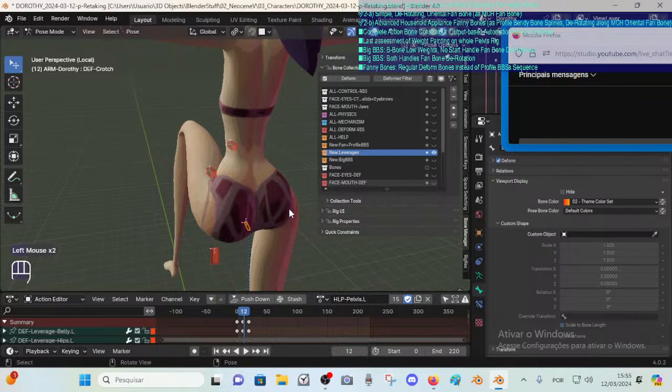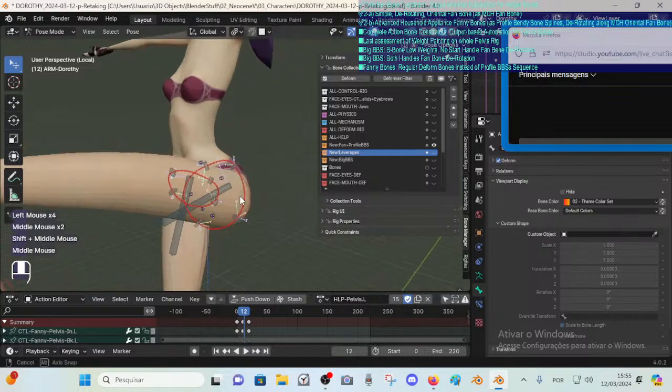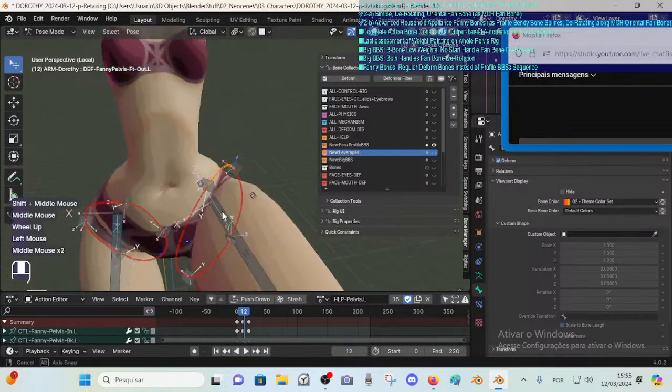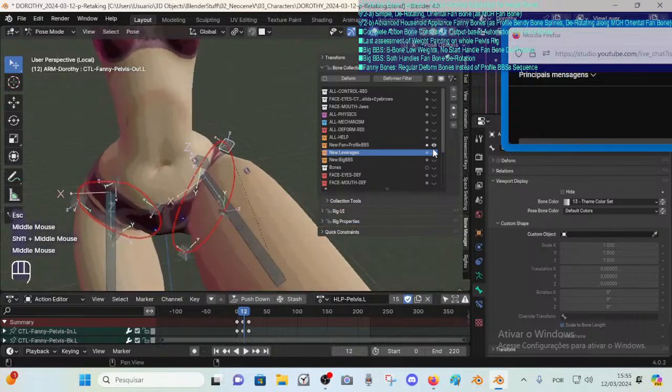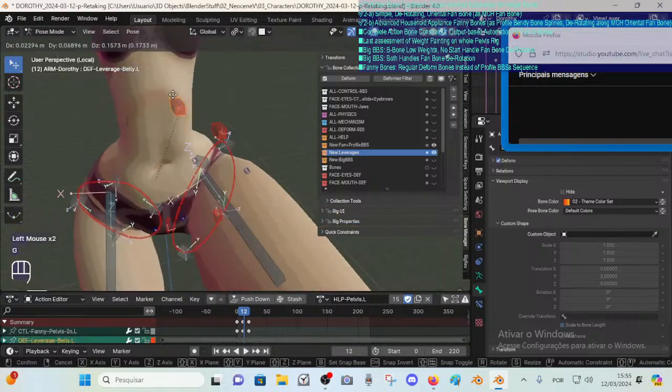It is just one bone, not dual bones like these ones, which have their pair. And here are the profile bendy bone splines that I'm using, which need the automation. Also, the leverage ones need automation too.